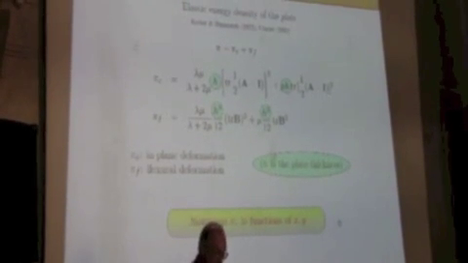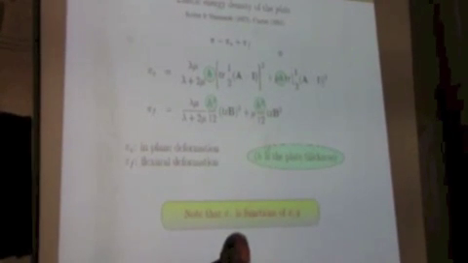Now, I can consider the elastic energy of the plate in the form given by Koiter and Simmons and rewritten by Sierle recently. And in this form, you can see that the elastic energy density is divided in two parts. The first one giving account of in-plane deformation, and the other one giving account of the flexural deformation.